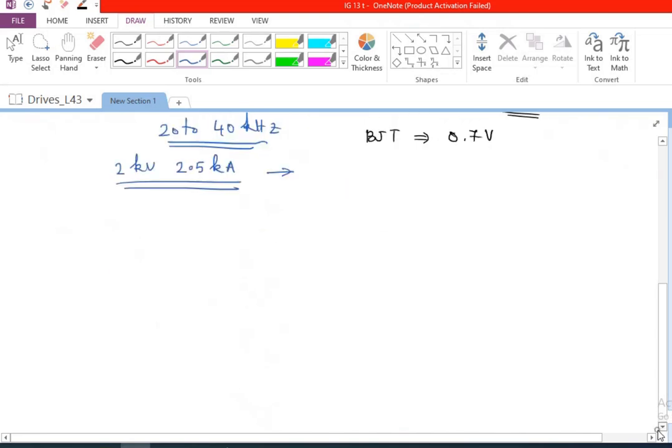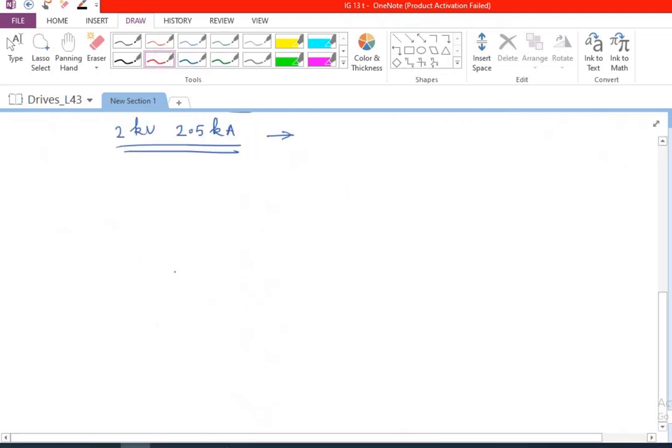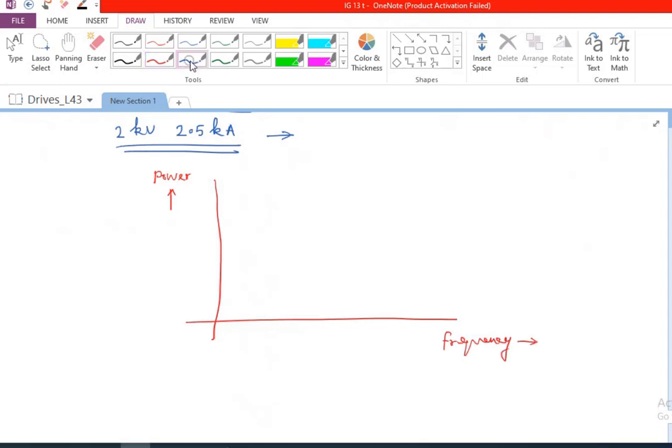So if I try to overall write about all the devices and try to draw a graph indicating what is the power level each of these devices can handle versus what is the frequency each of these devices can handle. So let me first of all write this is probably something like 10 hertz. And let us say this is 100 hertz. This is 1 kilohertz.